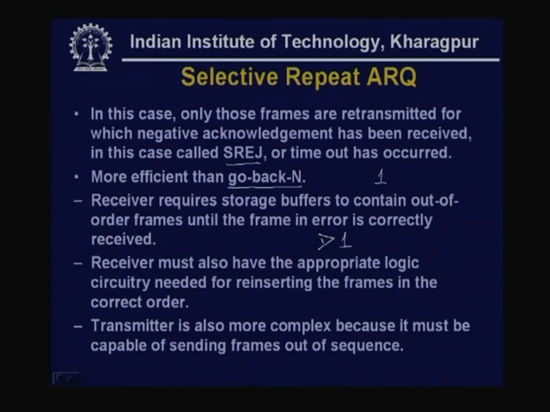The sender also will require more than one buffer, and the receiver also will require more than one buffer. Moreover, the receiver must have appropriate logic circuitry needed for reinserting the frame in the correct order. Transmitter is also more complex because it must be capable of sending frames out of sequence, because in both cases out of order frames are to be handled.